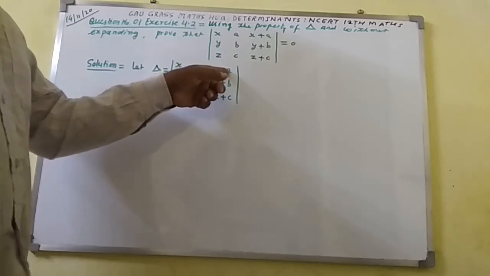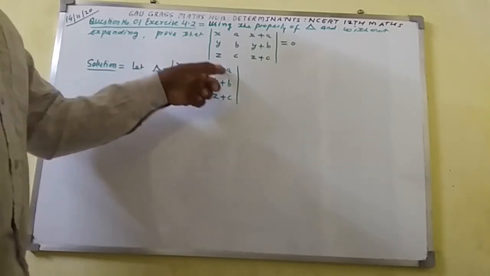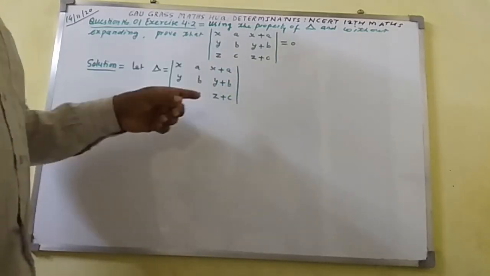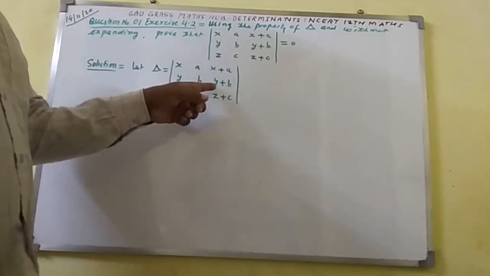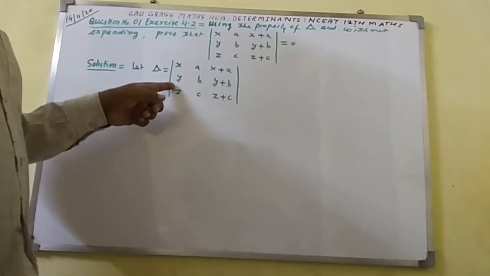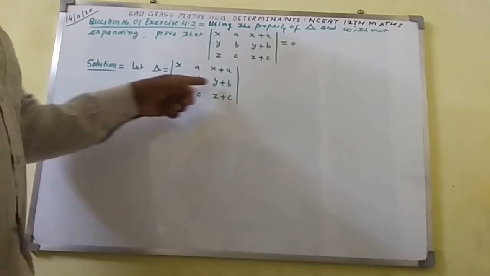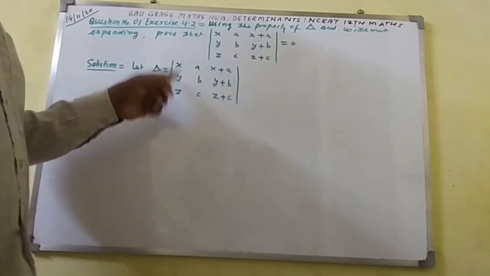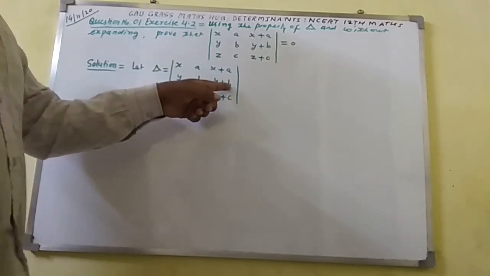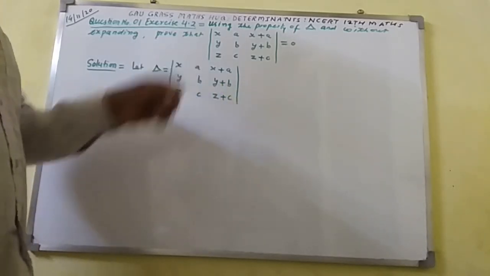This element will become a, identical to the second column. Take y plus b: if you subtract y from y plus b, the y cancels out and you get b, so this b will be identical.